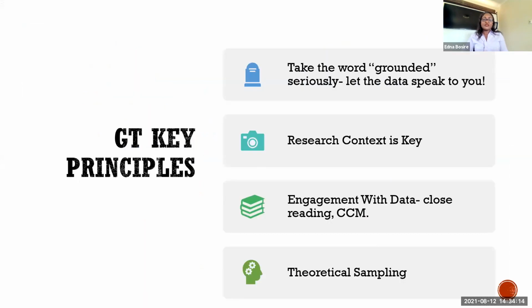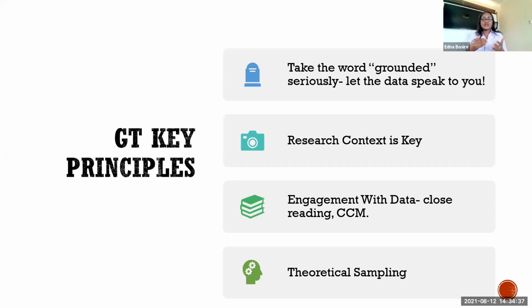Having talked about that, I don't mean to shortchange grounded theory. Grounded theory is a very important theory. I like it actually. I use it in most of my work, and I encourage others to use it. These are the key principles if you want to use grounded theory. Number one, you have to take the word grounded seriously.